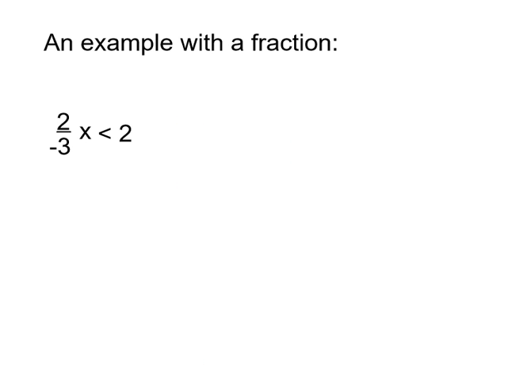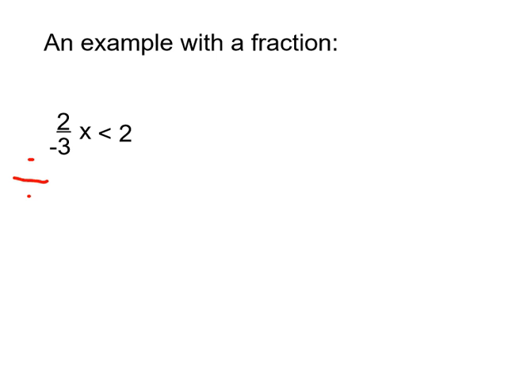Okay, so remember, to get rid of multiplying, so this is -2/3 multiplied by x, I need to divide. So I need to divide both sides by negative 2/3.